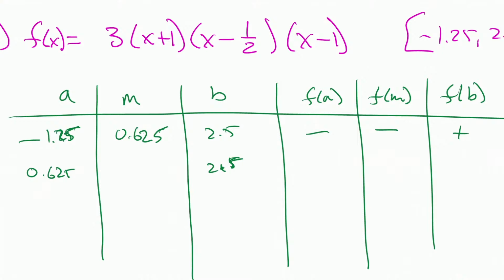Now it should be clear, like before. What's kind of interesting about this is that before I did that, you actually had 3 different roots in your interval. Look at the interval. The interval goes from -1.25 to 2.5.